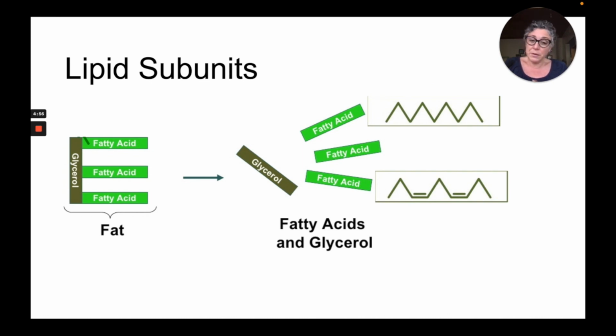This is not to be confused with glycerol. Glycerol is a component of a fat molecule. Glycogen is formed from carbohydrate molecules. So you just need to make sure that you know the difference between those two words and what type of molecule they come from and what their use would be. And we'll get into that a little bit later.